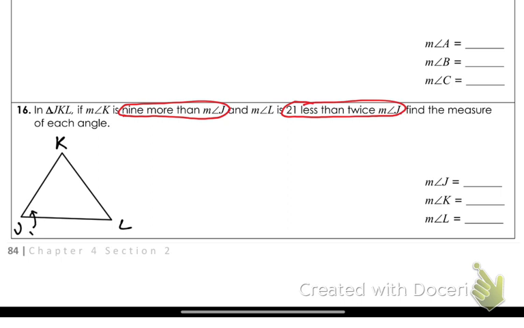I'm just going to call that X. So if K is 9 more than angle J, I'm going to have X plus 9 for K. And if L is 21 less than twice J, my L is going to be twice J, which would be 2X, and 21 less, minus 21.